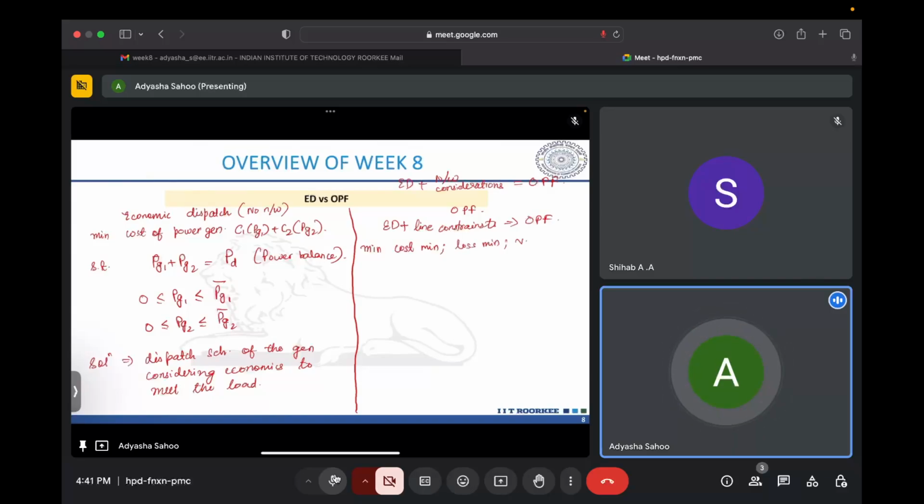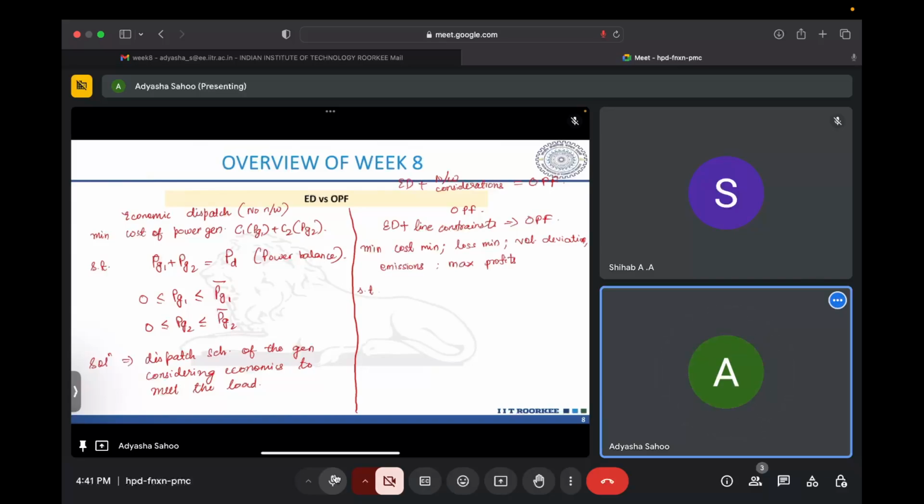It can be to minimize the voltage deviation, or it can be to minimize the emissions, carbon emissions. Or you can also try to maximize the profits. So these are some examples of the objective functions that you can consider for the optimal power flow.